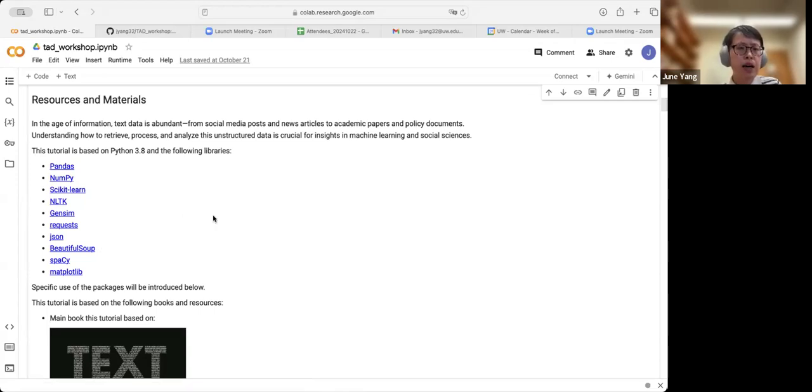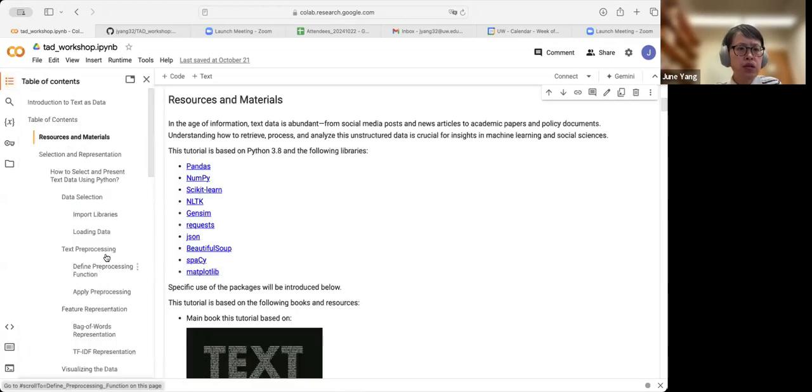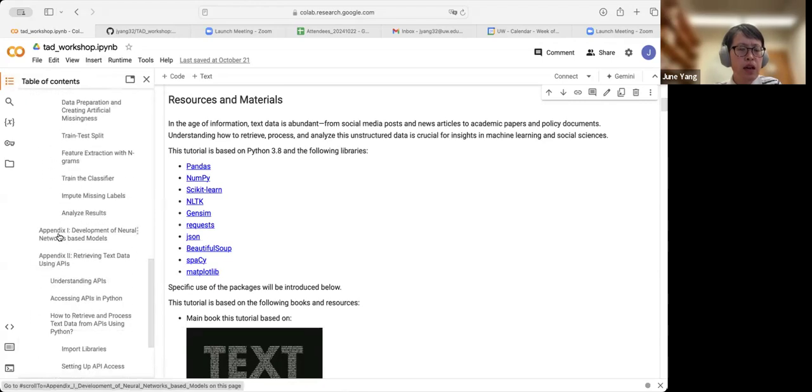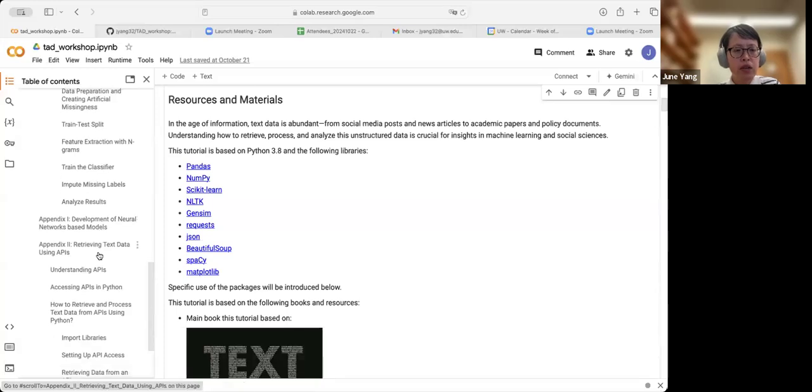If you scroll down the table of contents, you will notice that I've included an appendix. The first is on development of neural network-based models, and the second is on retrieving text data using APIs. If we have time, I will go over this appendix today.